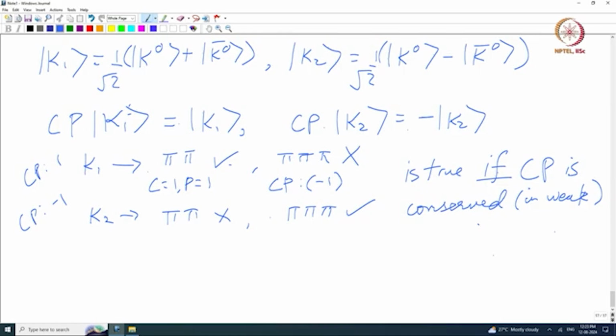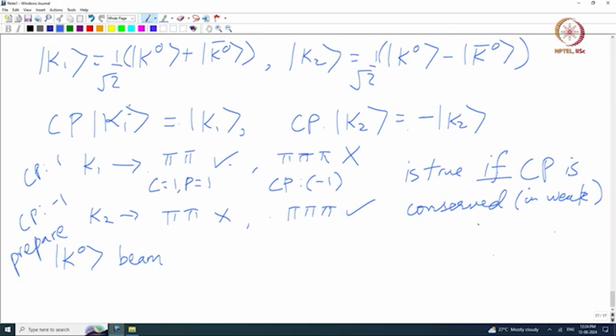Why? Think about it this way, okay? You can prepare a beam of K0 eigenstates. How can you do this? Using the strong interactions, okay?